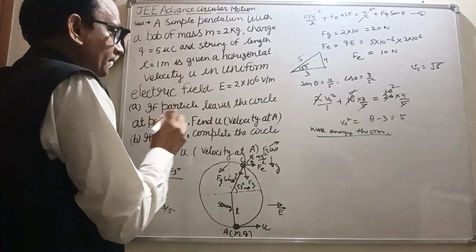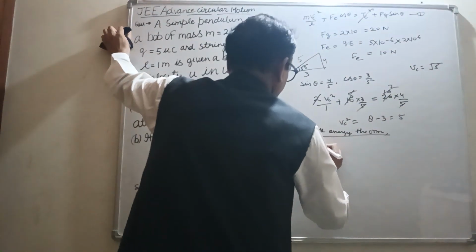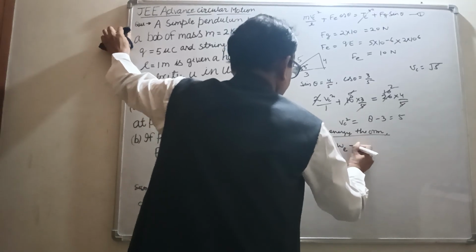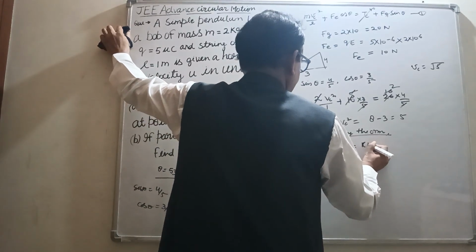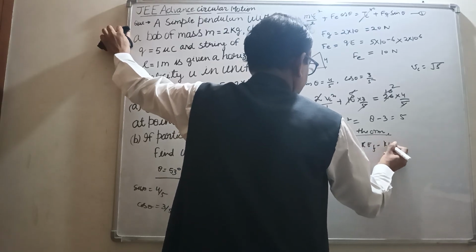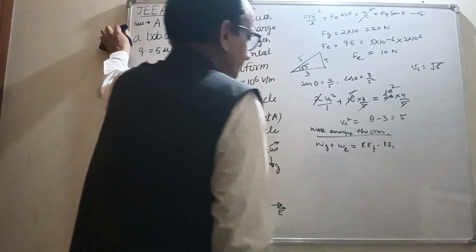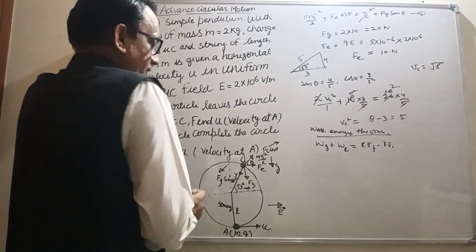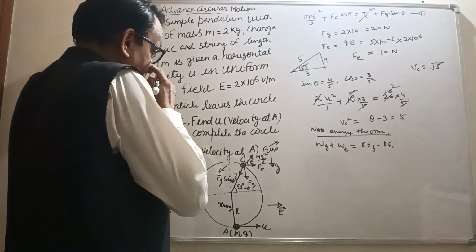The work energy theorem says work done by gravity plus work done by electrostatic force is kinetic energy final minus kinetic energy initial. So we have to find the initial velocity of the bob.